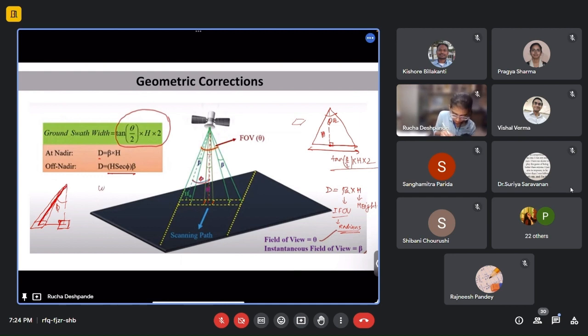So cos phi would be h divided by h prime, so h prime is h sec phi, and into the IFOV. So d is h sec phi into beta. This is pretty straightforward.